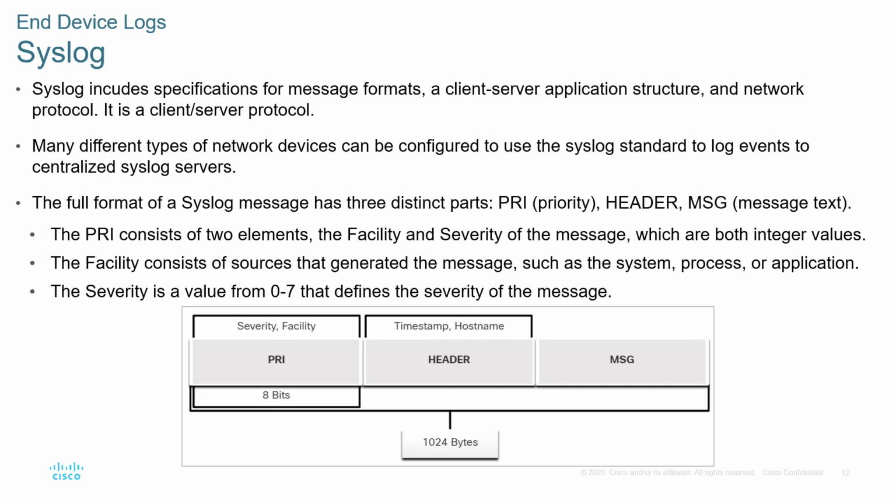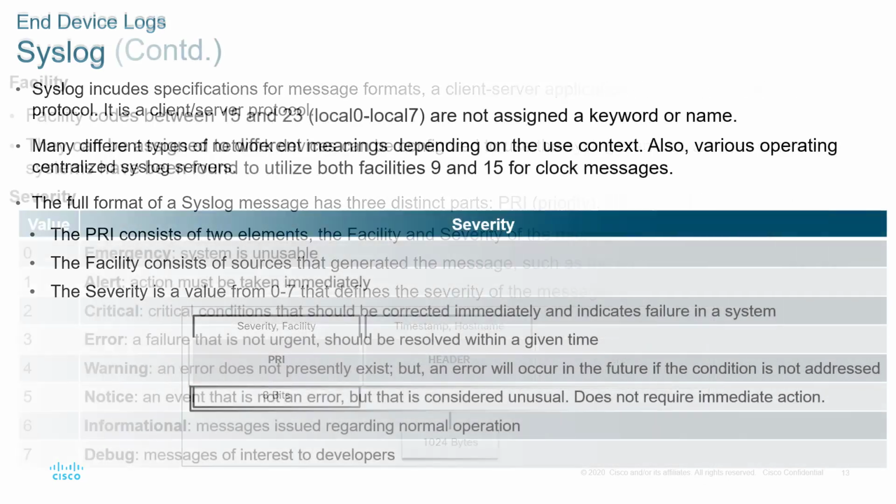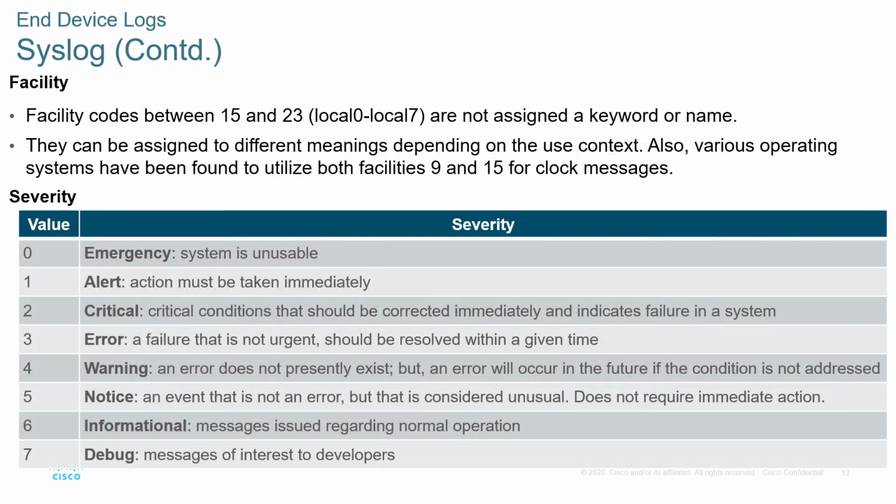And when you're dealing with networking devices, these severities still apply. They are: a severity of 0 is an emergency, 1 is an alert, 2 is critical, 3 is error, 4 is warning, 5 is notice, 6 is information, 7 is debug.